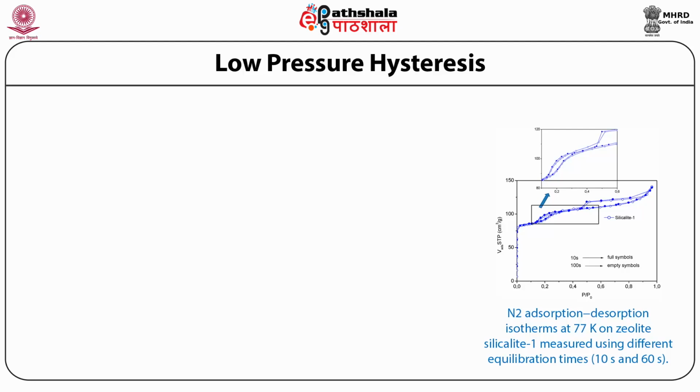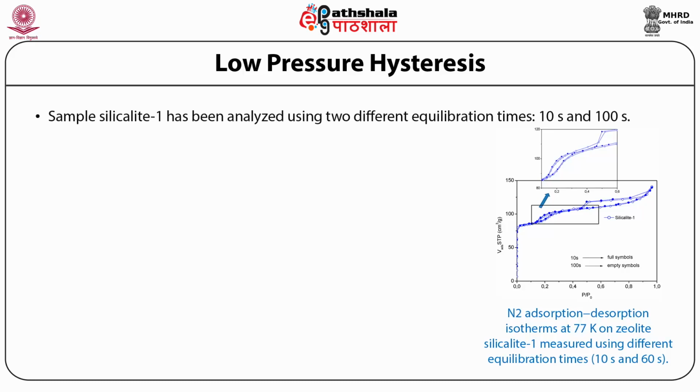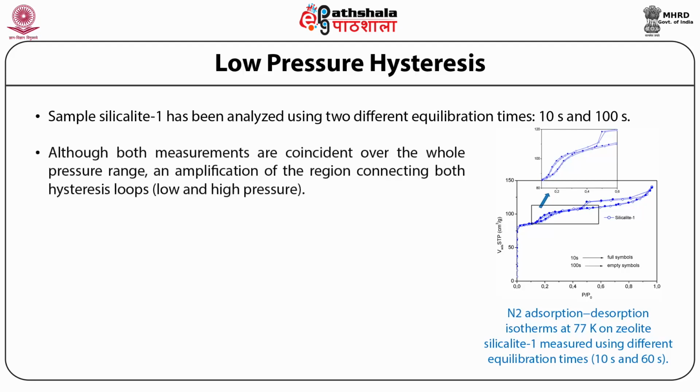First at lower P/P0 and the second in the range of higher P/P0. The sample silicalite 1 has been analyzed using two different equilibrium times, that is 10 seconds and 100 seconds. Although both measurements were coincident over the whole pressure range.